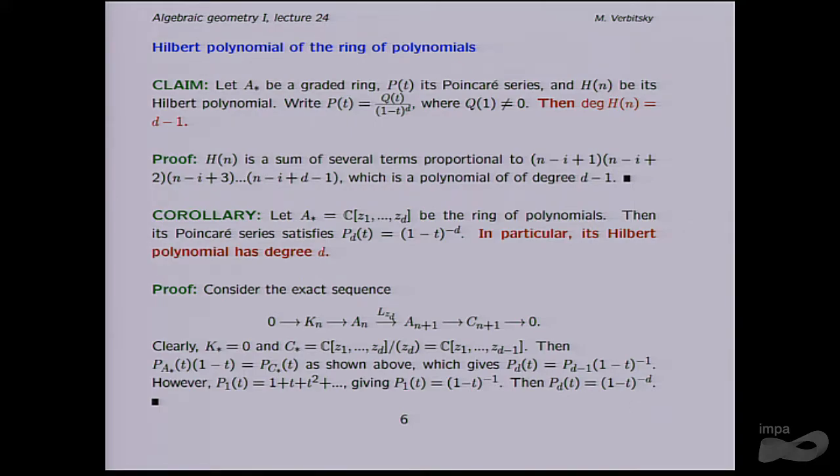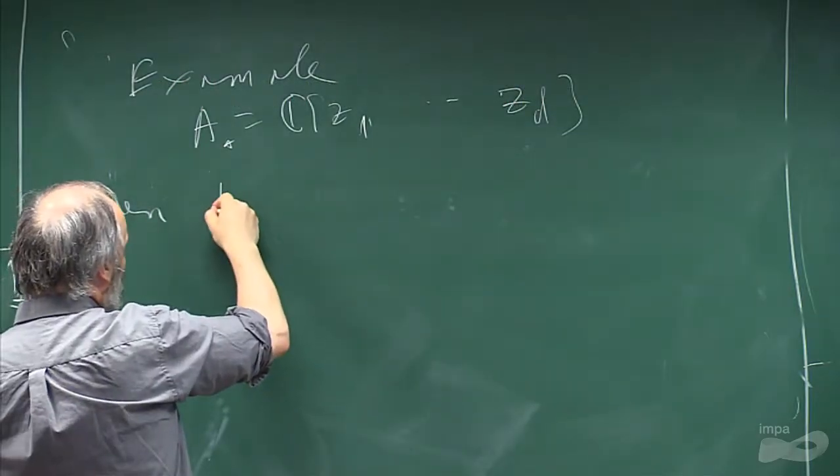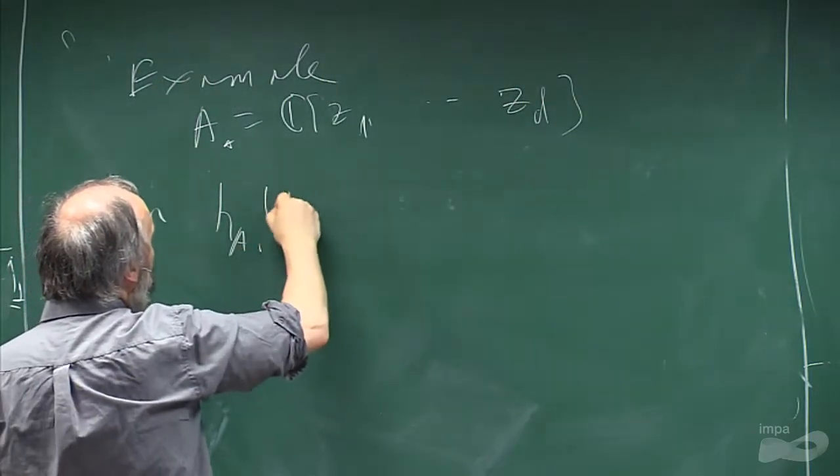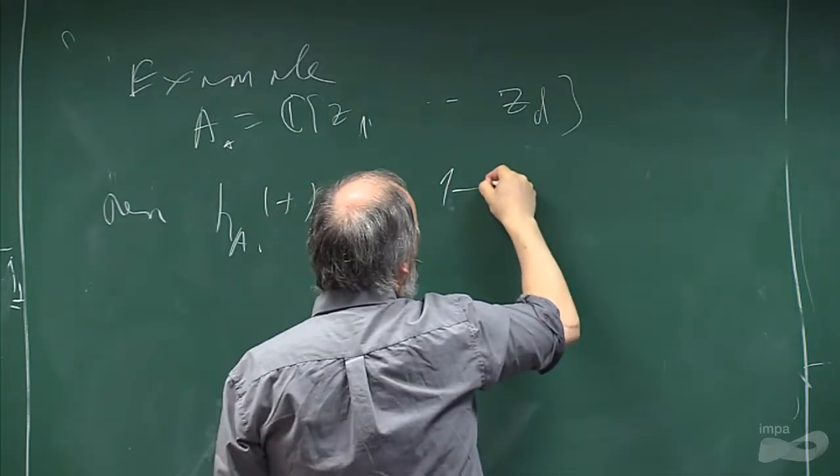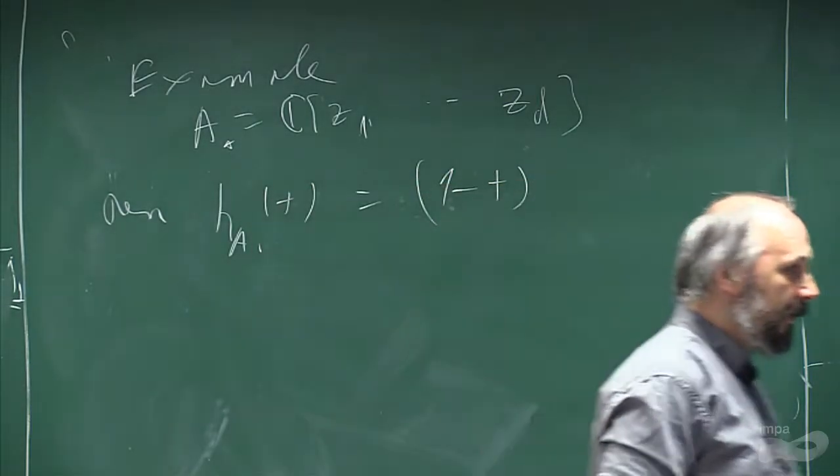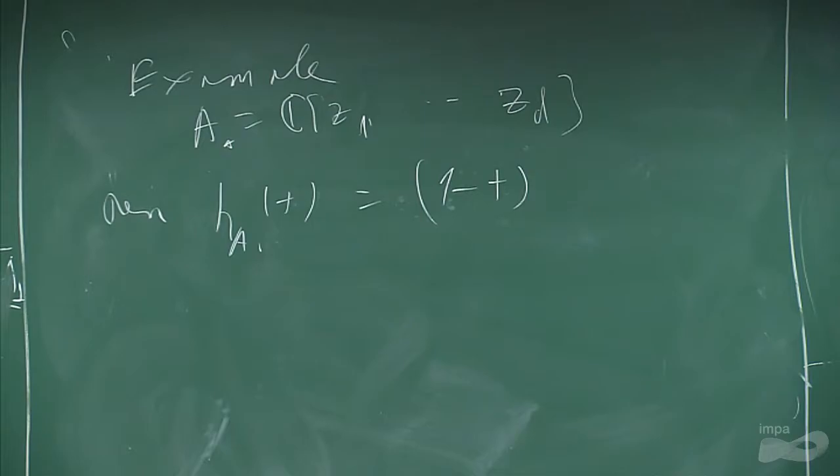If A is the polynomial ring in variables z1, ..., zd, again the grading is standard by degree. Then the Poincare series h_A(t) is 1 over (1 minus t) to the power d.